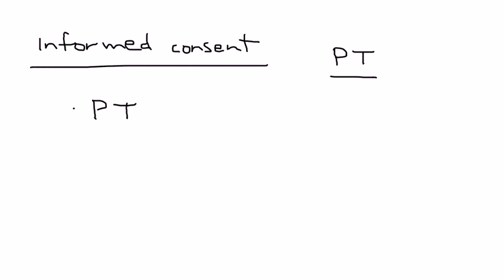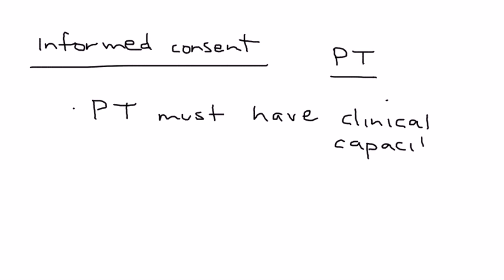If you are speaking to the patient and you are trying to get consent to do some medical procedure or intervention, the patient must have clinical competency and capacity. Patient must have the ability to understand you and make decisions.